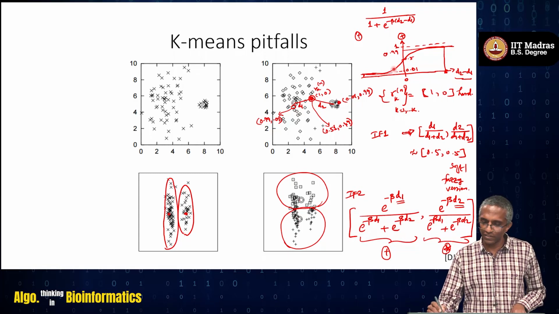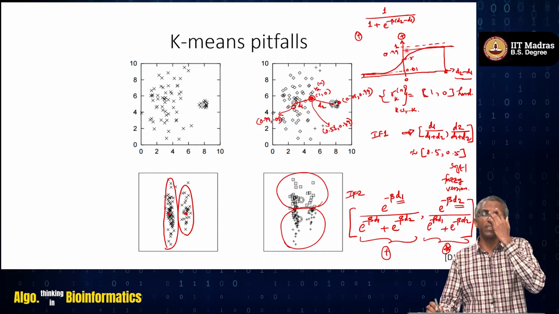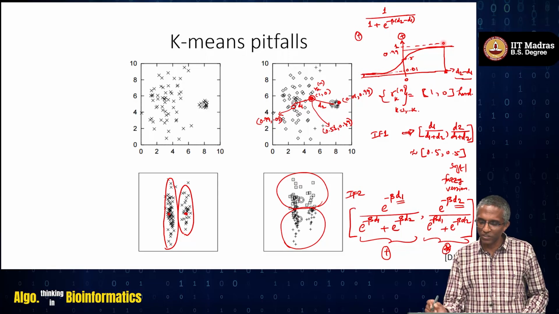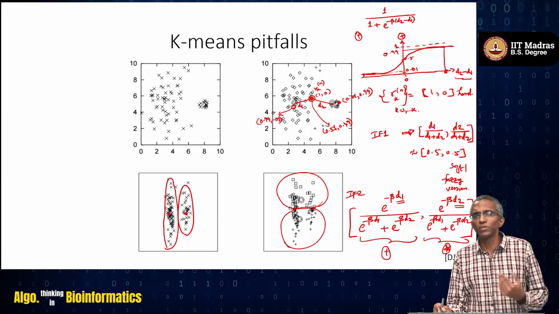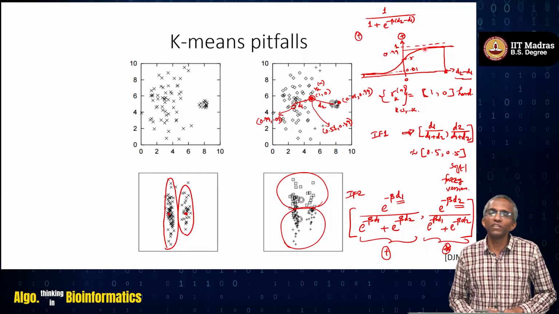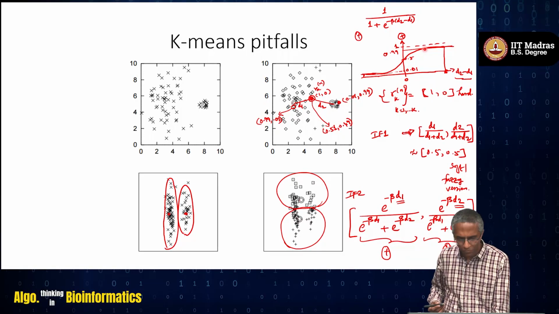So beta really controls the slope or the steepness. If beta is very high, then it will look more and more like a switch function: if d1 is less than d2, then the probability will be 1. If d1 is greater than d2, the probability will be 0. So this will become steeper and steeper and more like a switch function if beta is larger.